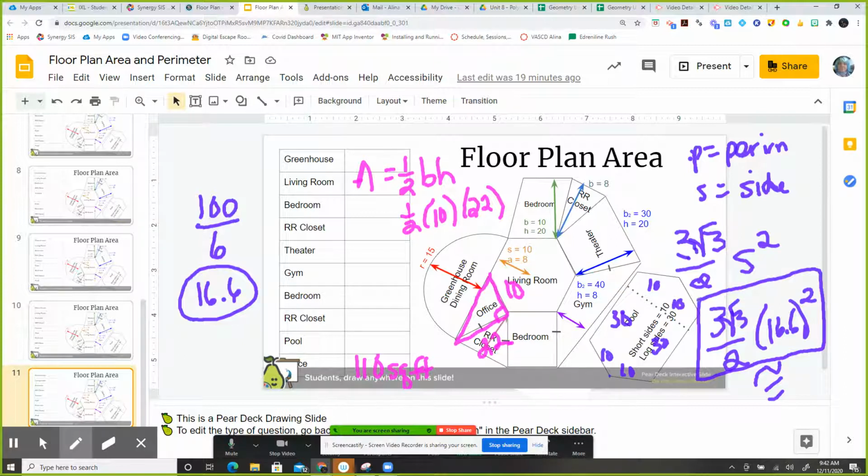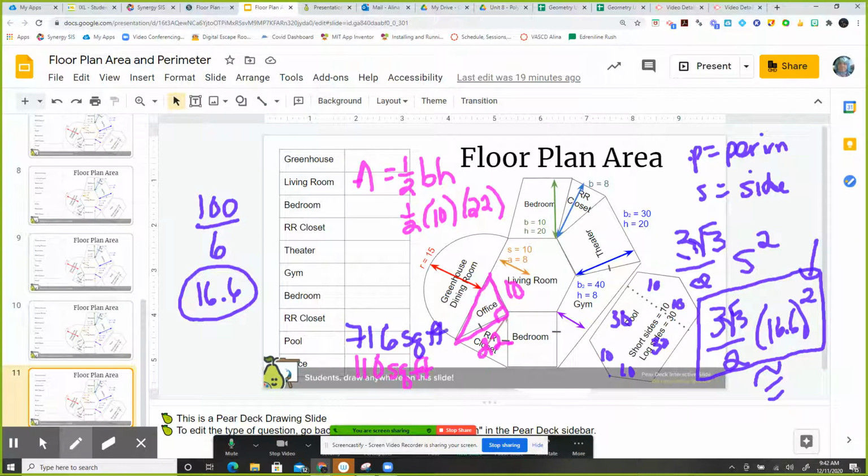And then multiply by 16.6 squared. So you want to make sure you square that 16.6. What'd you get? 715.9? Yeah. So 716 square feet. Awesome.